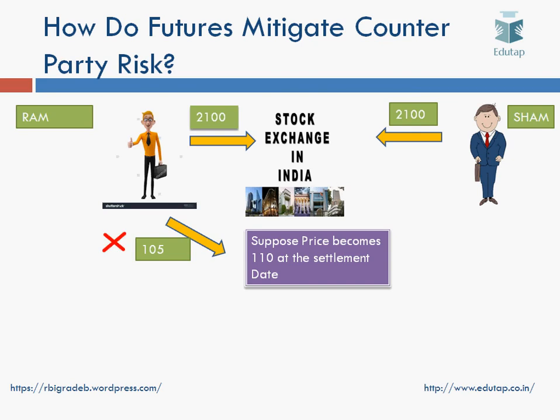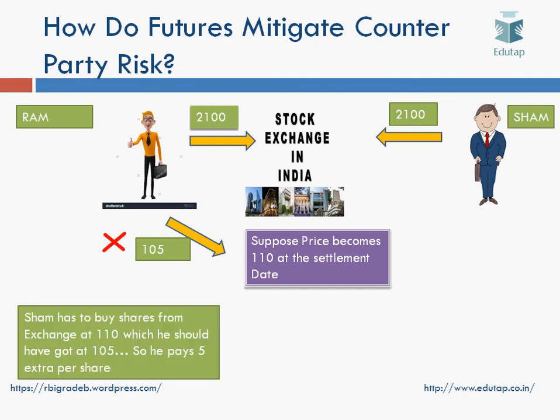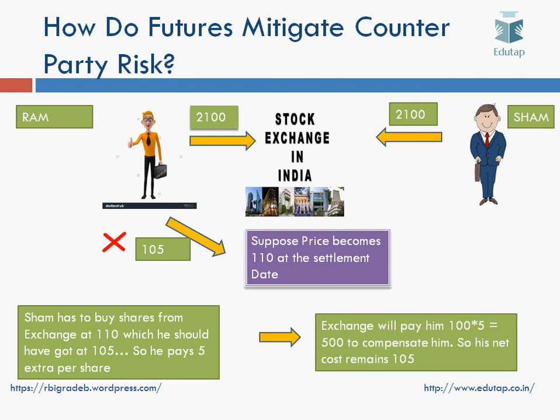In such a case, Sham has to buy shares from the exchange at 110, which he otherwise should have got at 105. So Sham is paying 5 extra per share. Now the exchange will pay him 100 into 5, that is 500, to compensate him. So his net cost remains the same, that is 105.